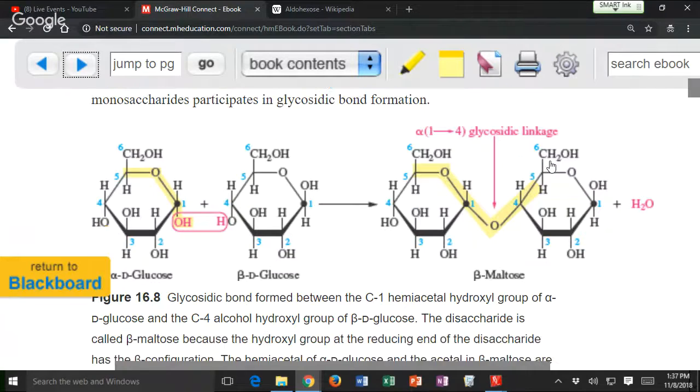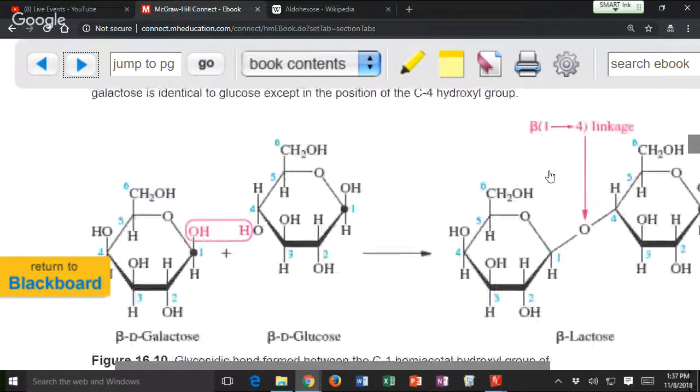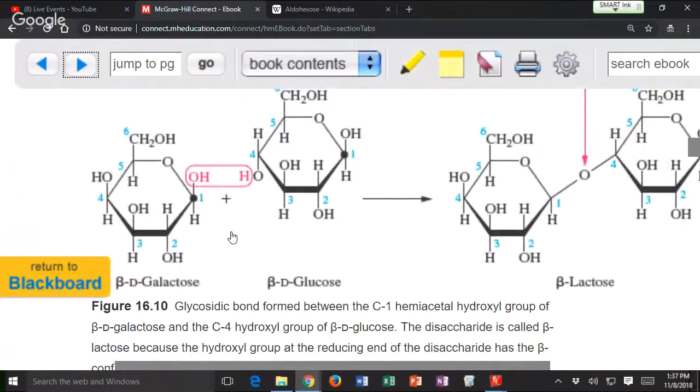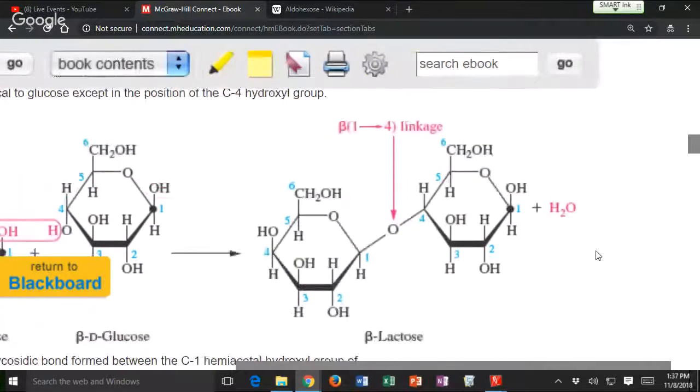If we change that up a little bit, if instead we take a molecule of galactose and a molecule of glucose and hook them up between carbons 1 and 4, we get lactose, which is milk sugar, the sugar that's in milk. It's still a 1 to 4 linkage. It's still that glycosidic linkage.